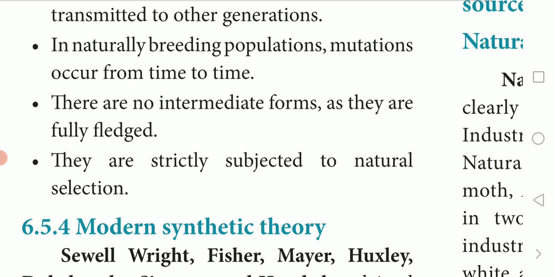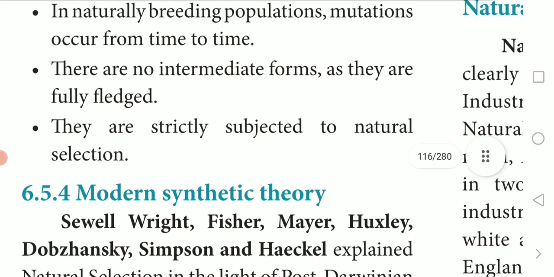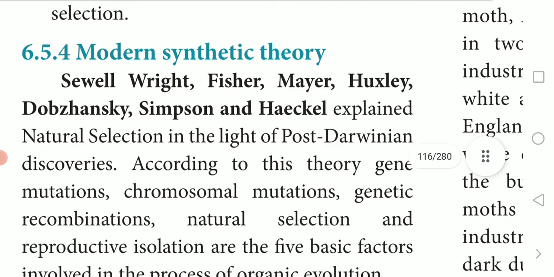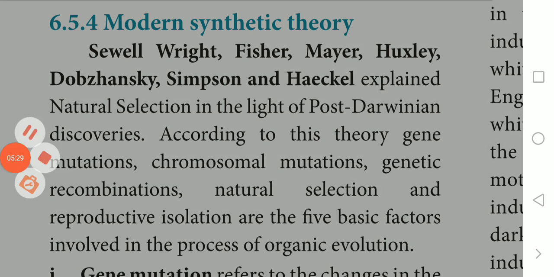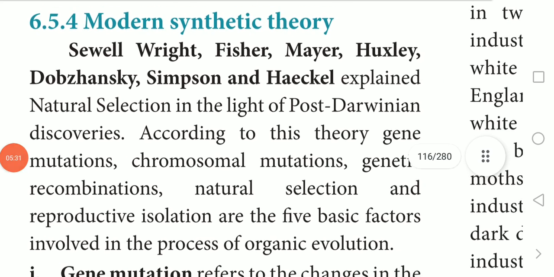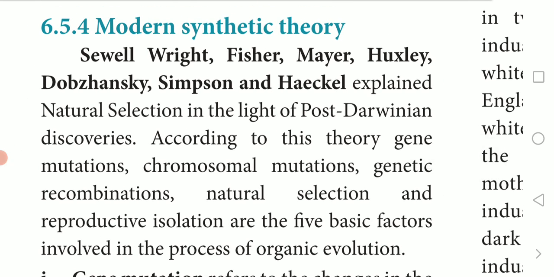These characters will not be found in any of its other generations. That is what they call no intermediate forms as they are fully fledged. And the salient features of mutation theory are that they are strictly subject to natural selection.